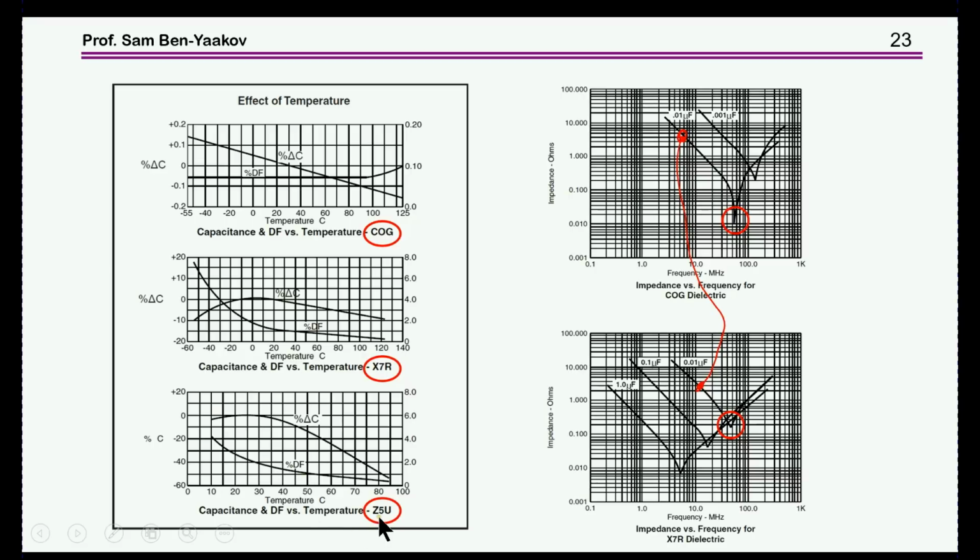And also we have the Z5U, which is also fairly low, especially here. Notice that also the dissipation factor, this is the ESR, is also changing with temperature. I'll show it a little bit later, the ESR.